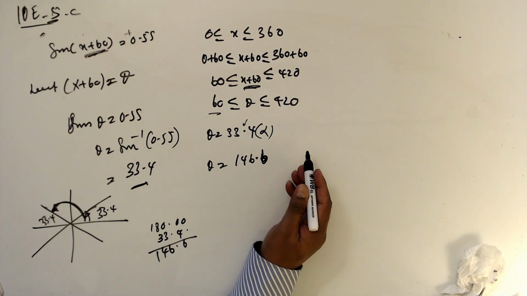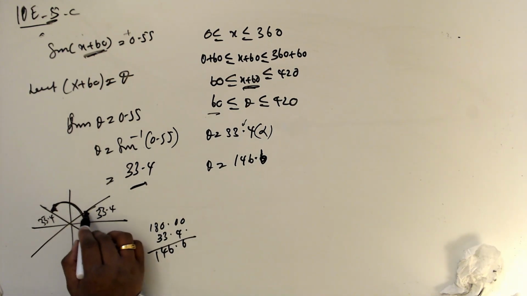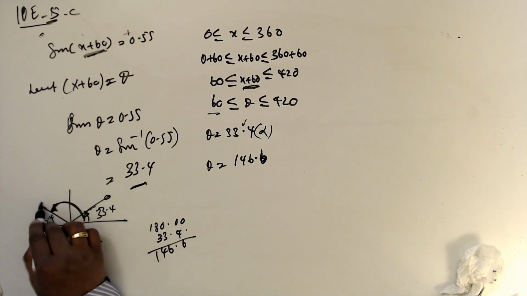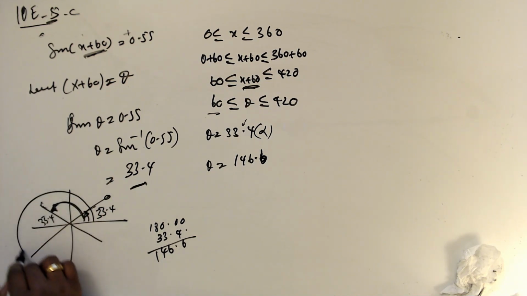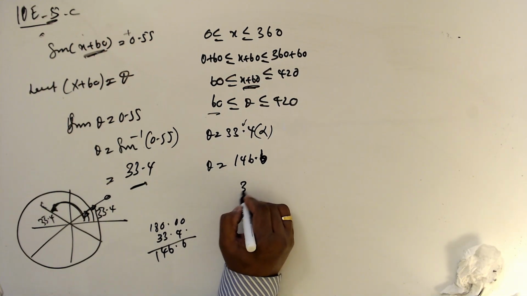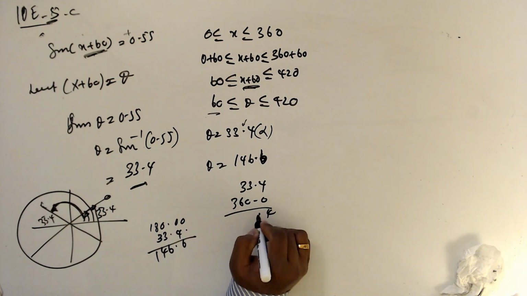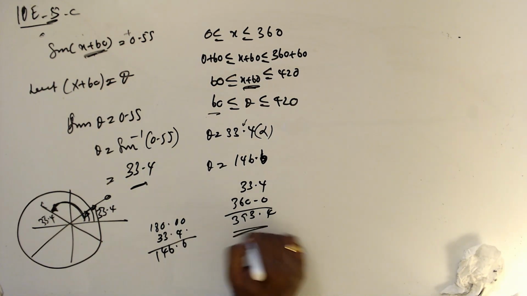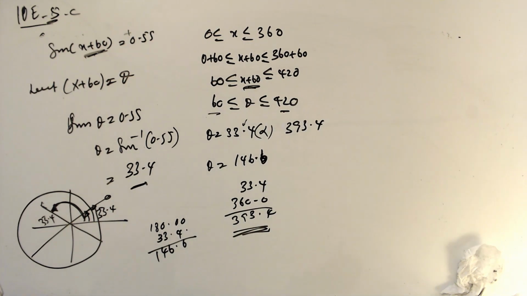Now we'll add 60, 360. The other one is now this one and this one. Now other one is we go full round and come back to this one. It means 33.4 plus 360, 393.4, which is in this range.